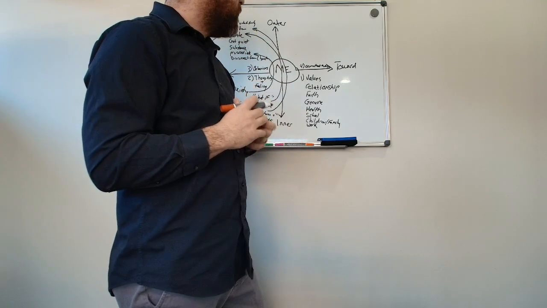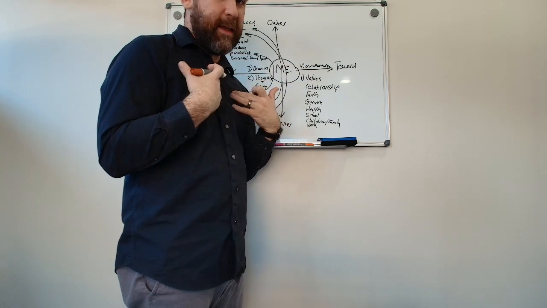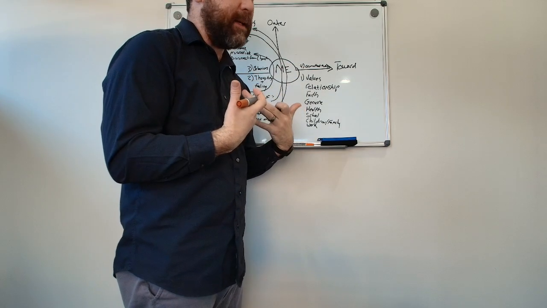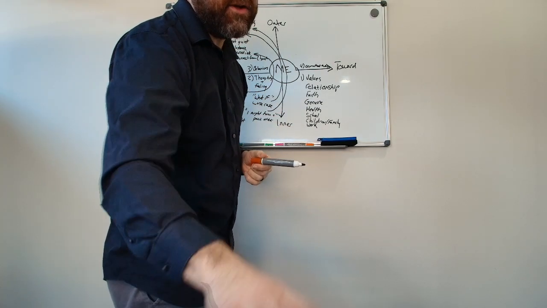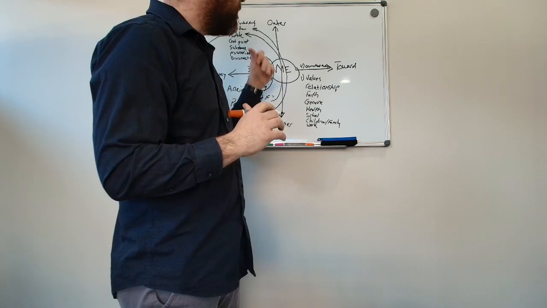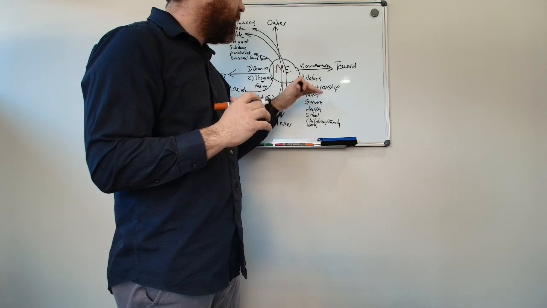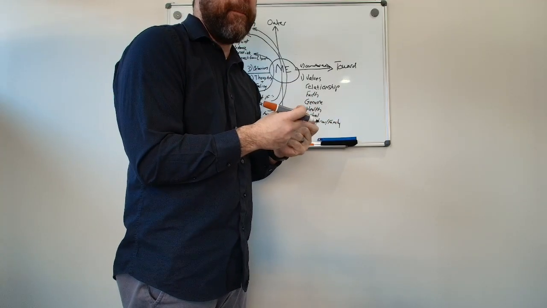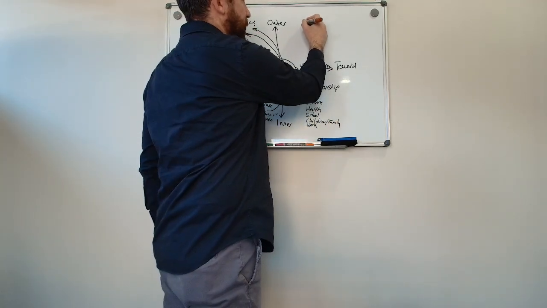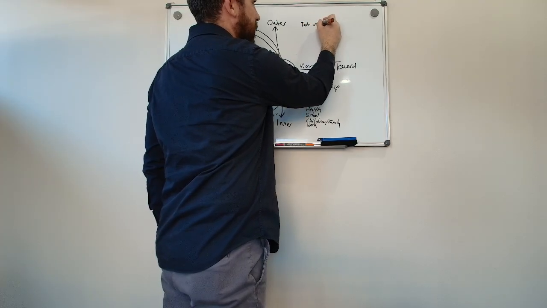So I wrote down committed action here, and these are going to be behaviors that if I were a fly on the wall, I'd be able to see. So what are you doing when you have these things show up? What are the things that you want to do to act toward these values? So for relationships, what does it look like to take a committed action toward that? Oh, well, this would mean maybe sending a text or making a call.